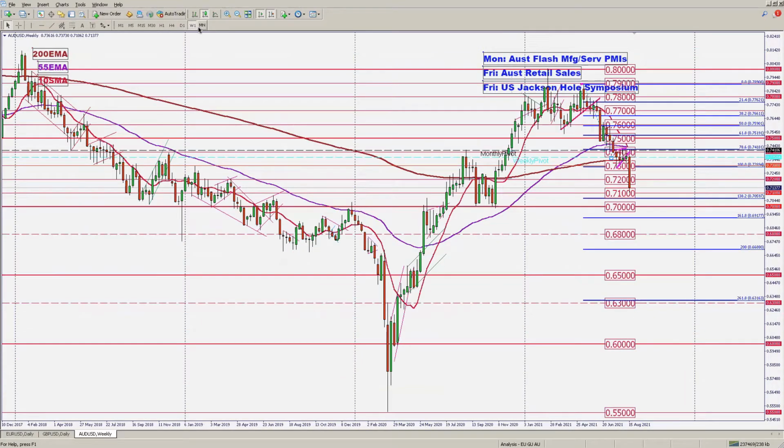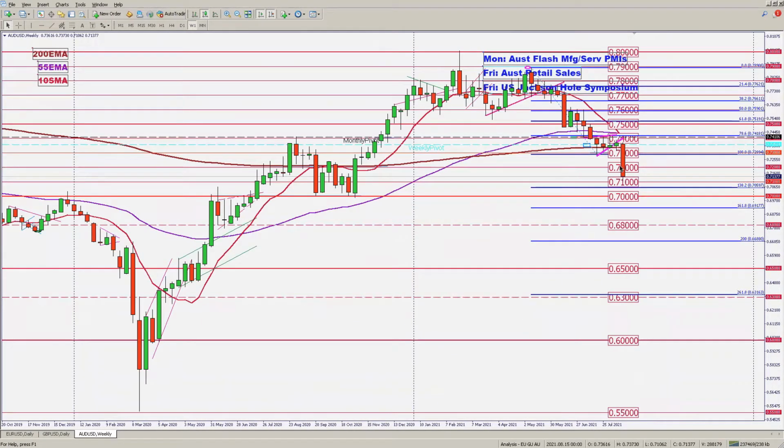So if we take a look on the weekly time frame, it has already dropped below the weekly 200 EMA, and the 138 FIB extension is below the 71. You can see the key support level is going to be at 70.